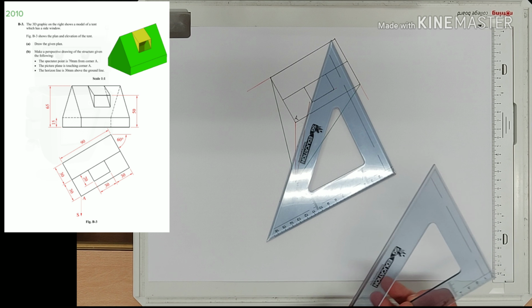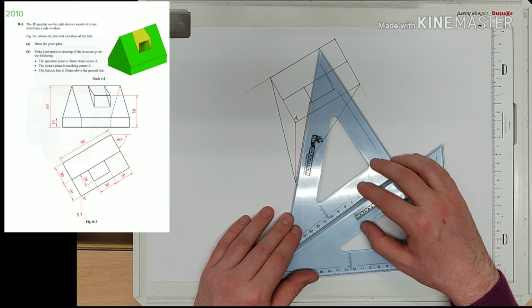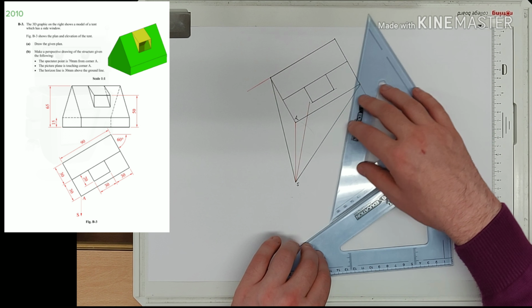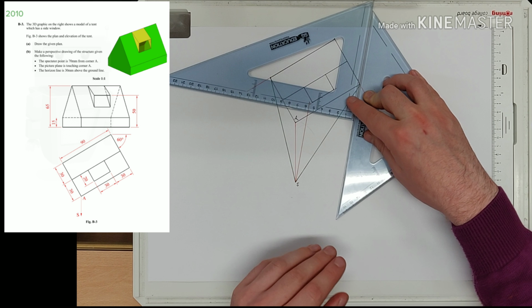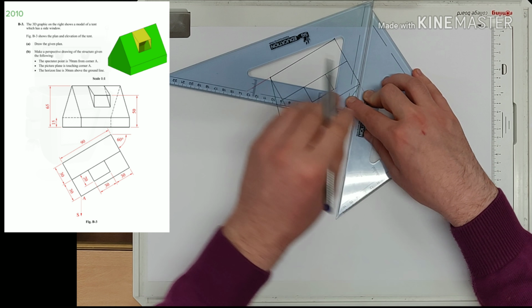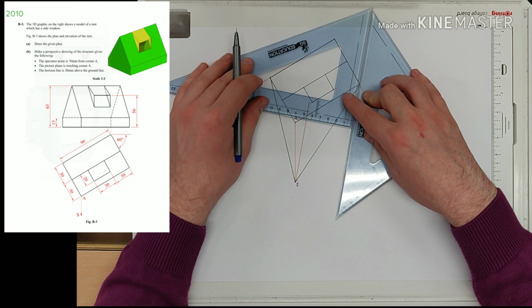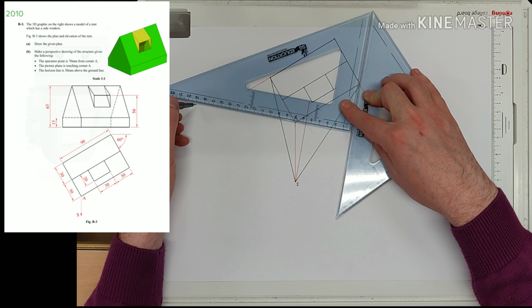So set up one set square along your line of sight, like so. Slide it back. Swap the other set square out. Place it flat against your 45 degree, and through A you are going to draw a line.